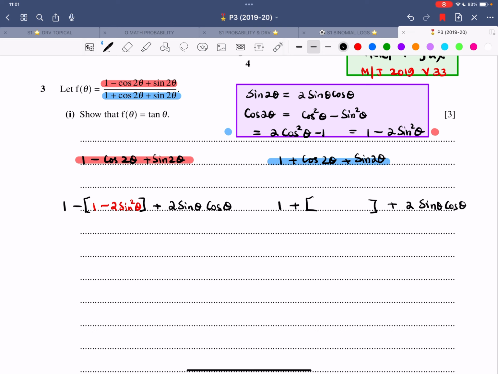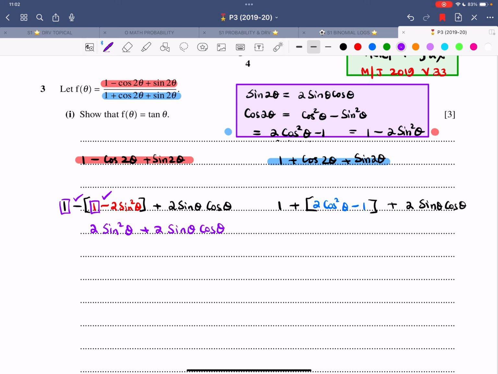And what exactly am I writing over here? This is 2 cosine square theta minus 1. So now what happens is that this one and this one cancel out. This negative becomes positive. So this is 2 sine square theta plus 2 sine theta cosine theta.